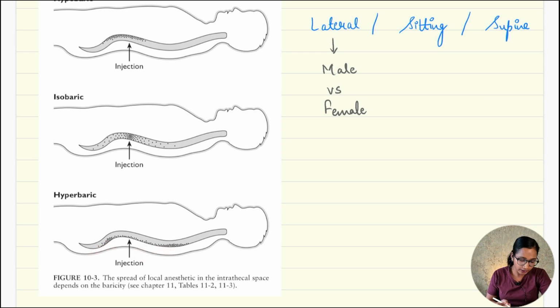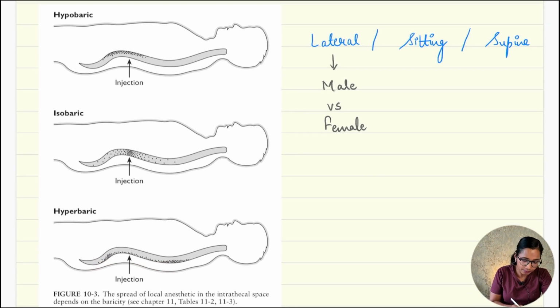It follows gravity. The opposite happens if we use a hypobaric drug. Hypobaric drug goes against gravity, so it gets collected at the sites which are most non-dependent.